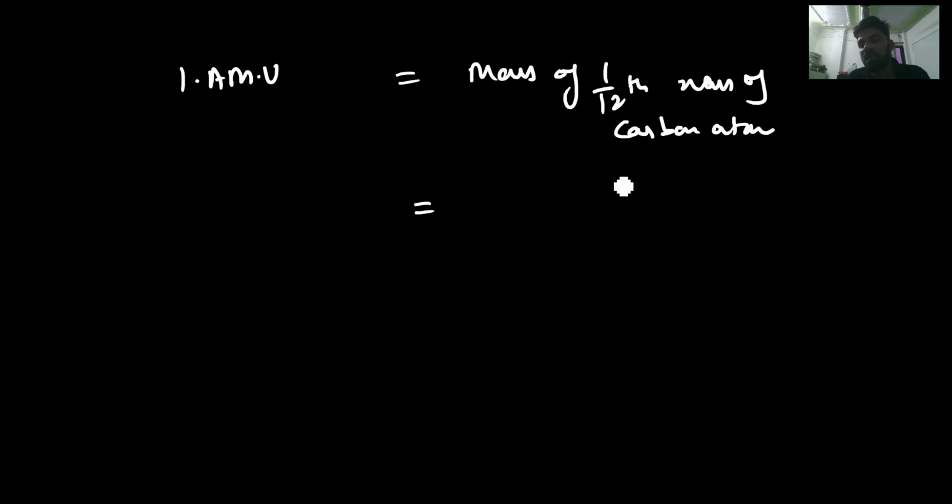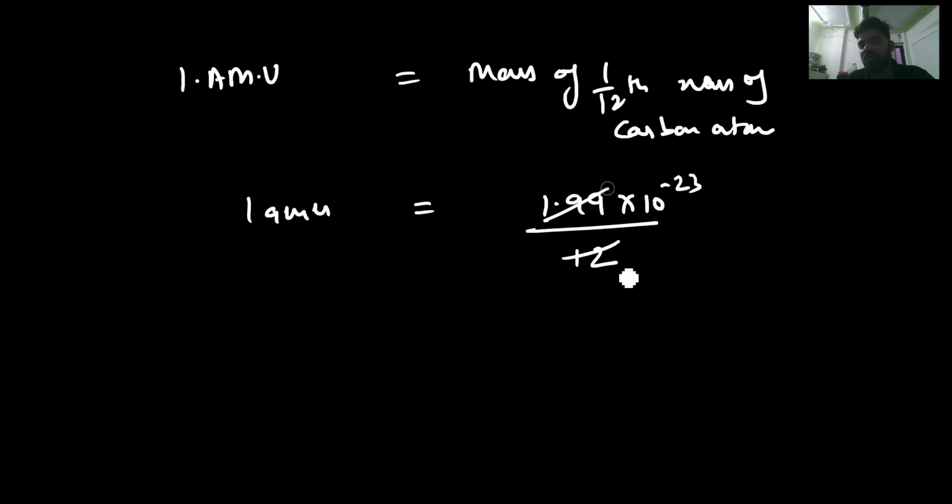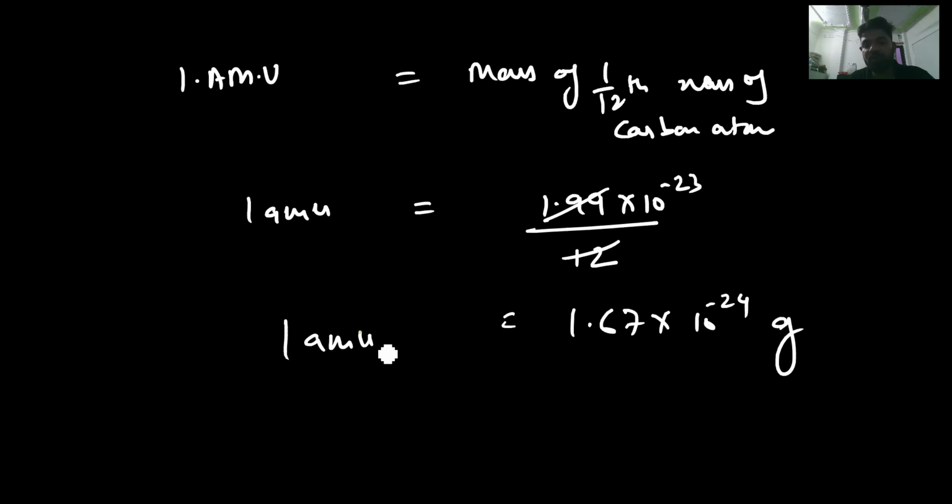The mass of a carbon-12 atom was found to be 1.99 into 10 power minus 23, and when we divide it by 12, we get 1.67 into 10 power minus 24 grams. So this is the value of 1 AMU in grams.